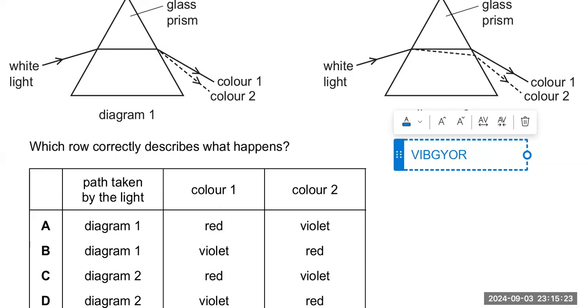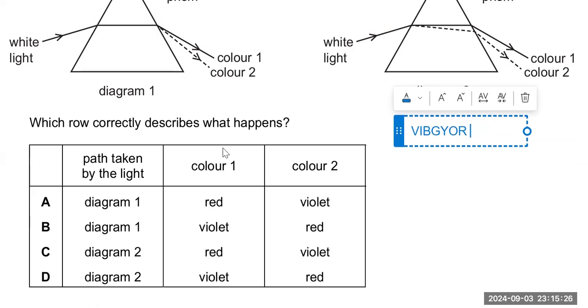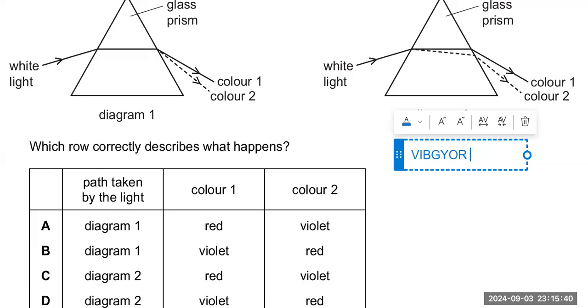So you have to check the options. Color 1 is red and color 2 is violet. A second thing is you have to also check the path.